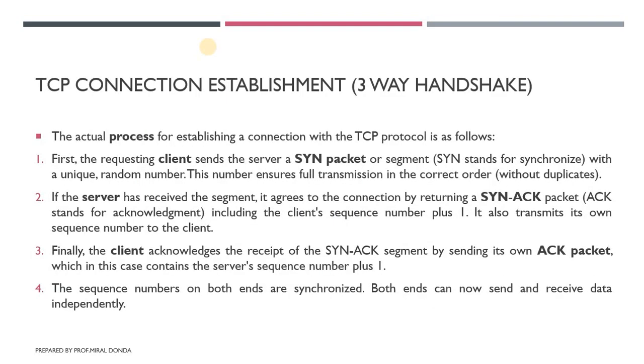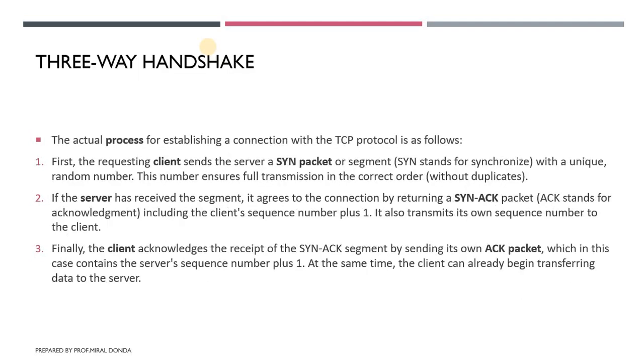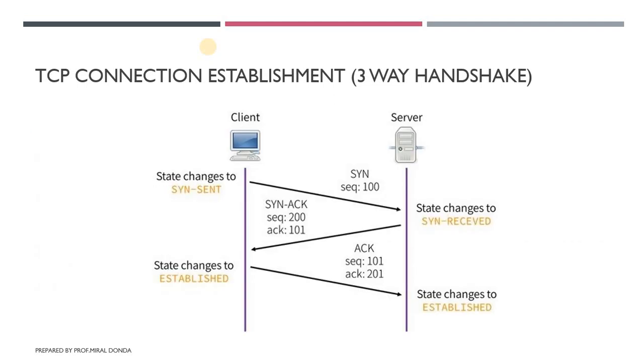First, let's understand this figure. This is the figure of the three-way handshake, or connection establishment with the help of TCP. Let's assume that this is a client and this is a server.